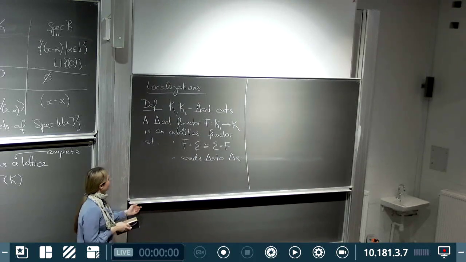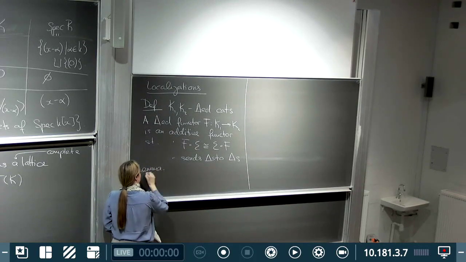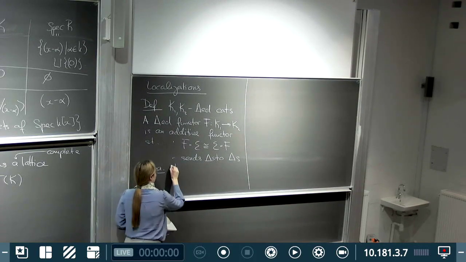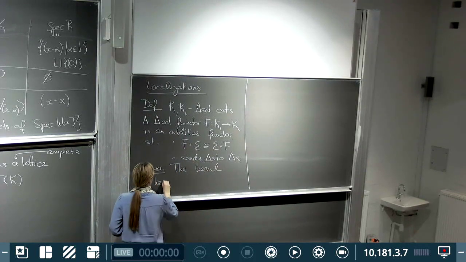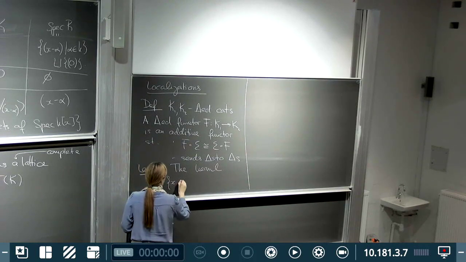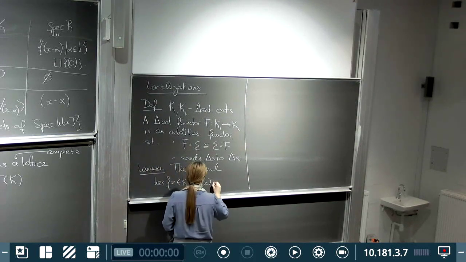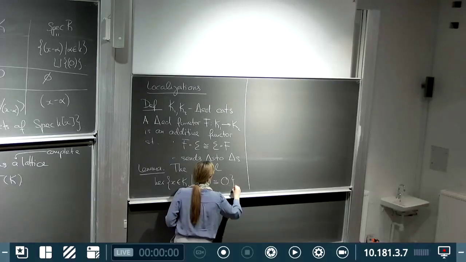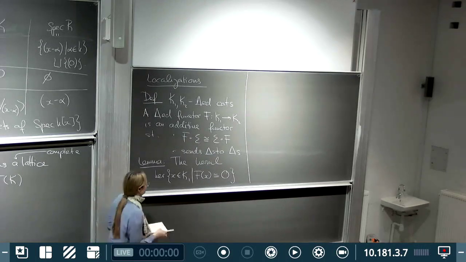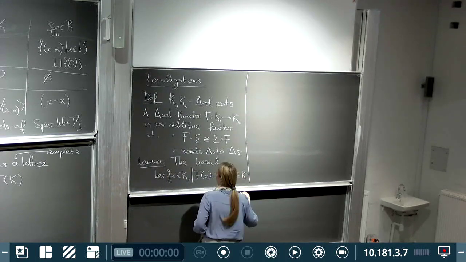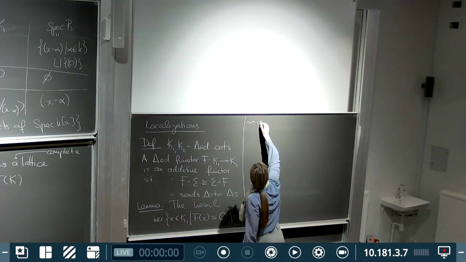Okay, and the lemma we can maybe just prove in our head, which is that the kernel, which are just all the guys in K1 that get sent to 0, viewed as a full subcategory of K1, this thing is a thick subcategory.